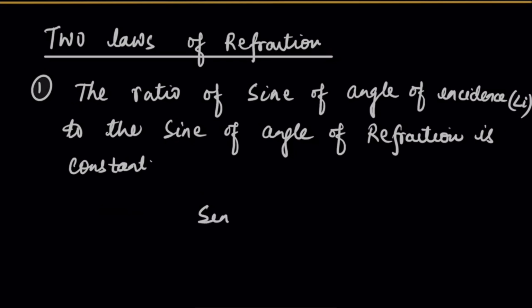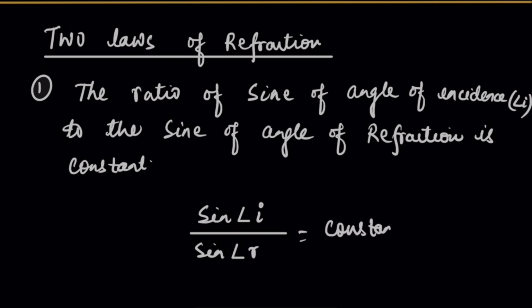It means that sine I by sine R is equal to a constant.